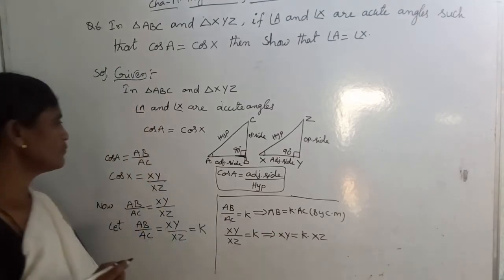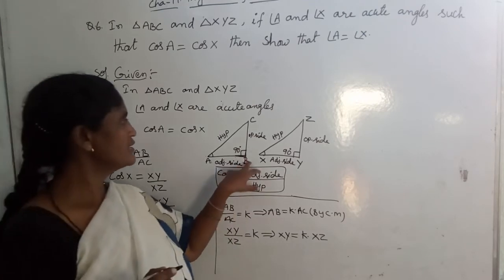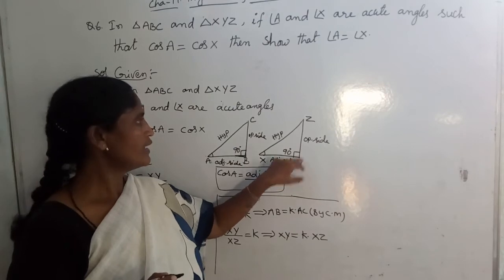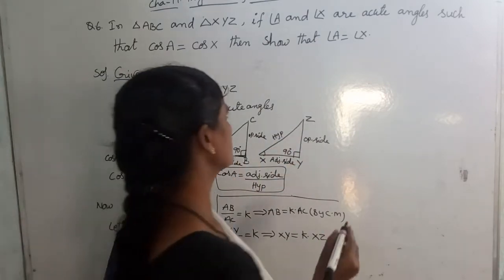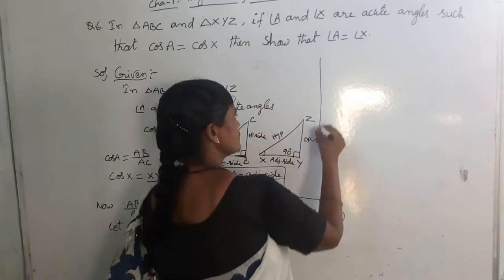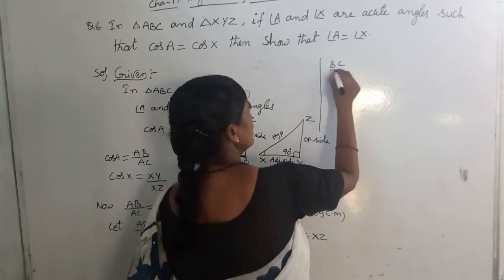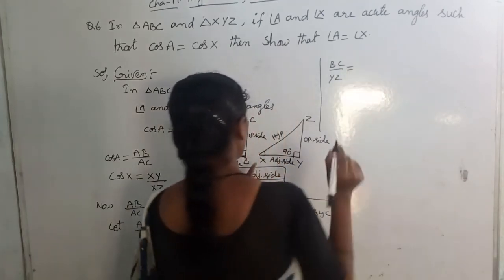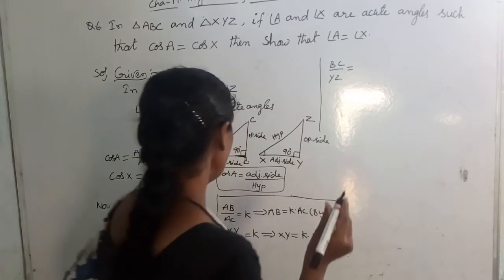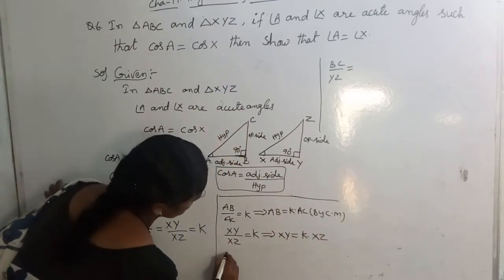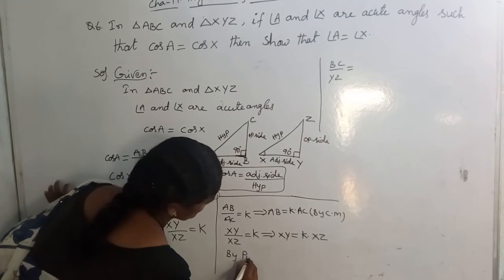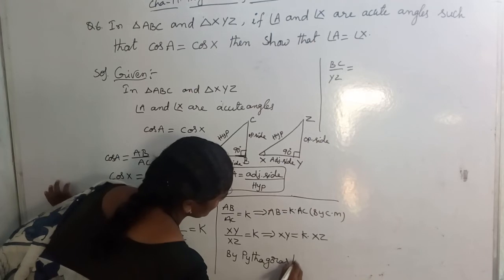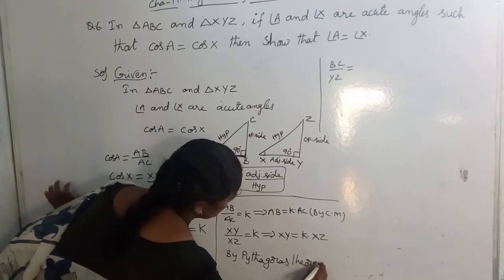Now, according to Pythagoras theorem, what we have to find out? BC, right? BC value we have to find out. BC by YZ. Pythagoras theorem, what is that?